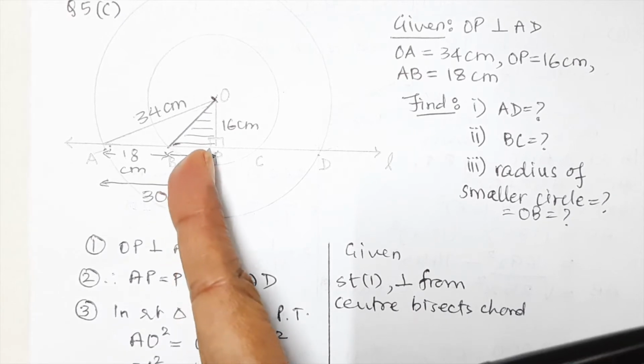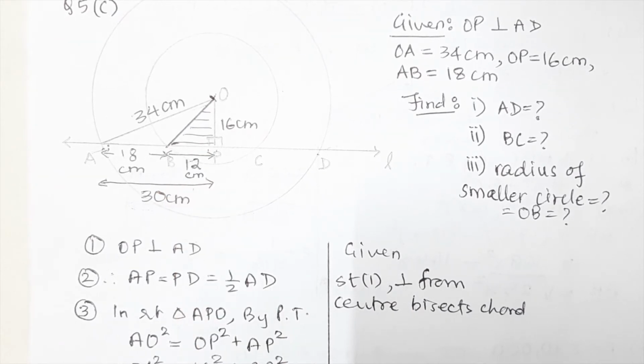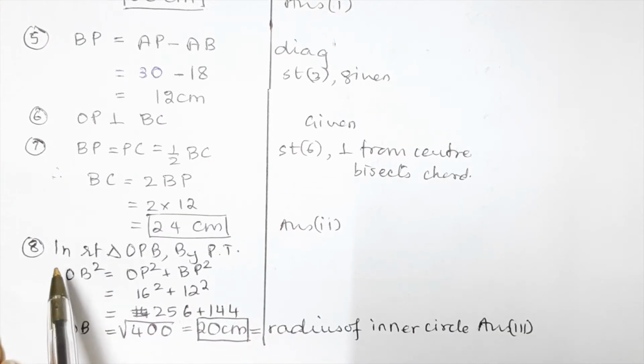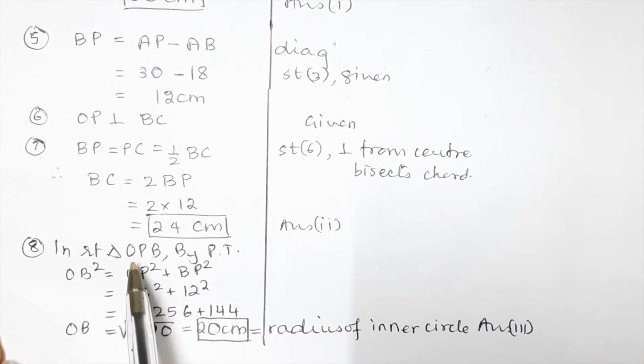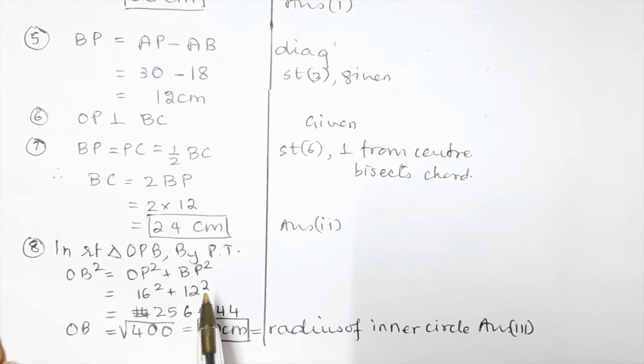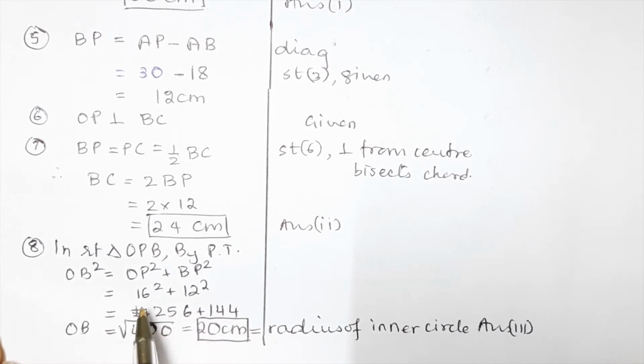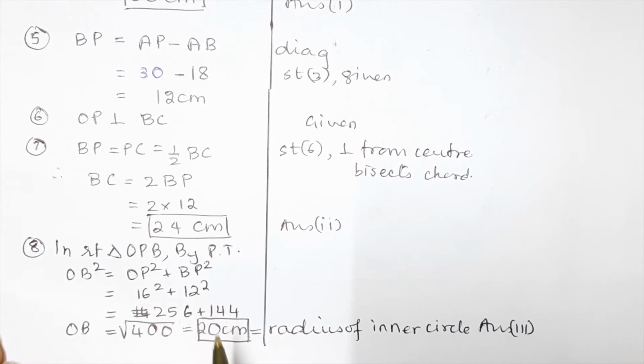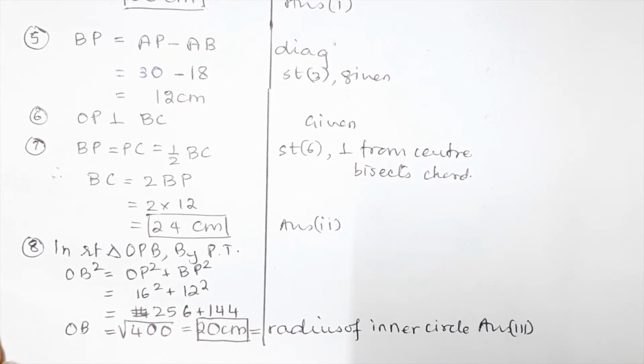So we will take this triangle, OPB. In right triangle OPB by Pythagoras theorem, OB square is equal to OP square plus BP square. OP is 16, so that is 16 square plus 12 square, which is BP square. 16 square is 256, 12 square is 144.